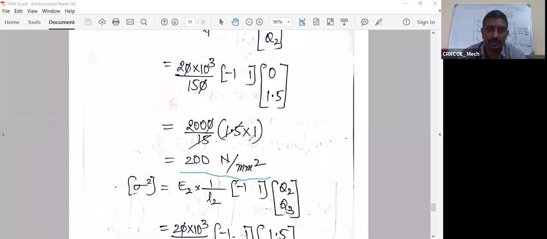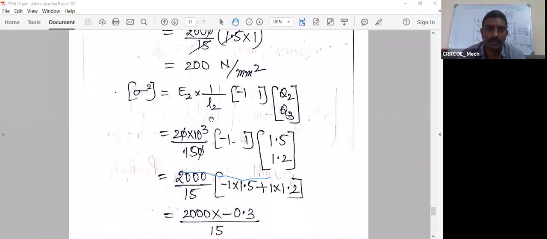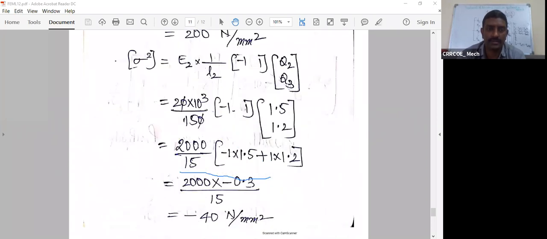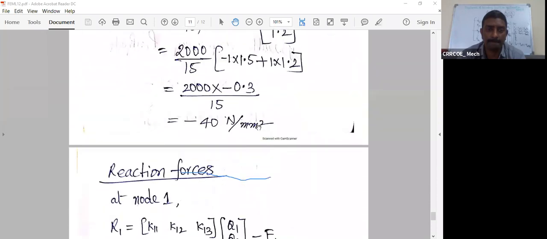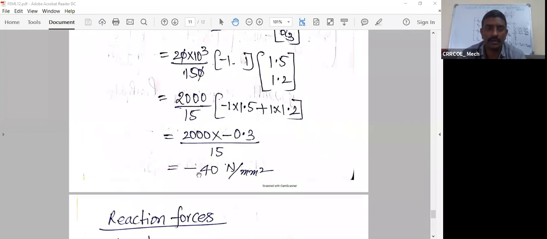On element 2, the stress value is compressive, negative stress, minus 40 Newton per mm square. Here sigma 2, the stress on element 2, why is it negative 40 Newton per mm square?